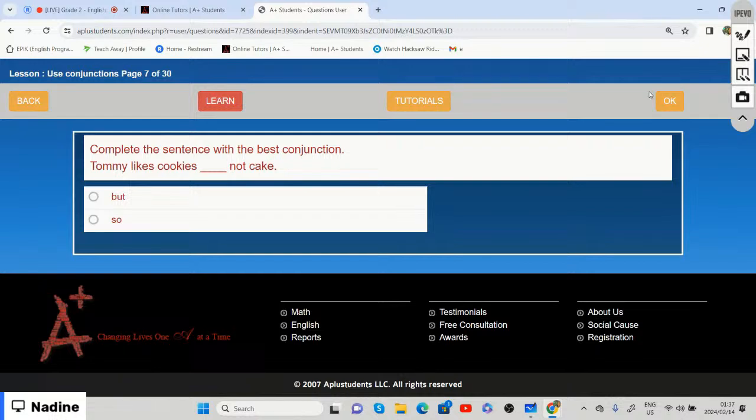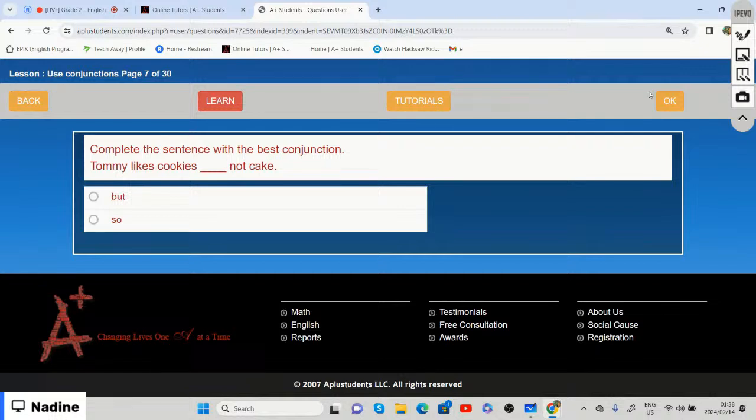And Tommy likes cookies. Do we say but not cake? Or do we say so not cake? So Tommy likes cookies, but not cake.